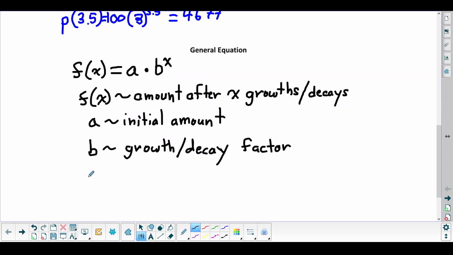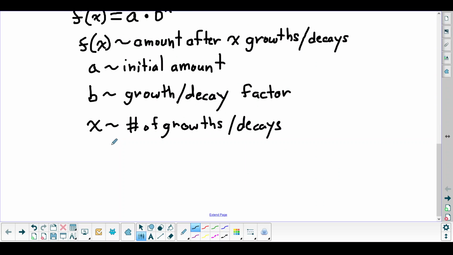We also have x, that's our exponent, and that exponent represents the number of growths, or decays if we were to do a decay question. And there's actually a little equation we can use to calculate this.